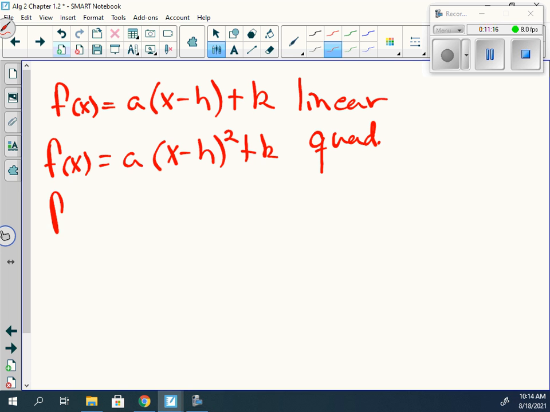Quadratic. Were you all able to get all those written down?